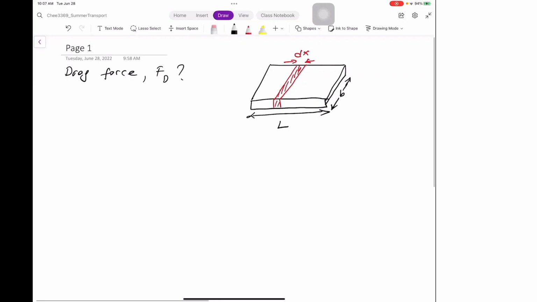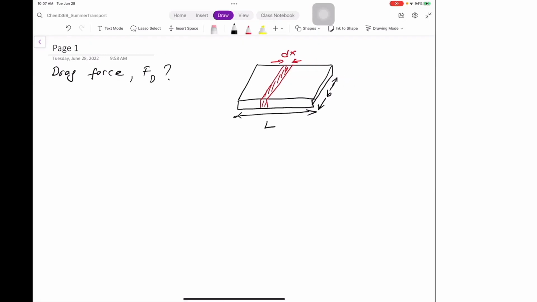Okay. And I want to calculate how much of force is needed to hold this piece in place. And I'm going to sum over all those forces. So that infinitesimal force, we can call it dF drag, is equal to, so what is the drag force in terms of the shear stress? What is the force in terms of shear stress?